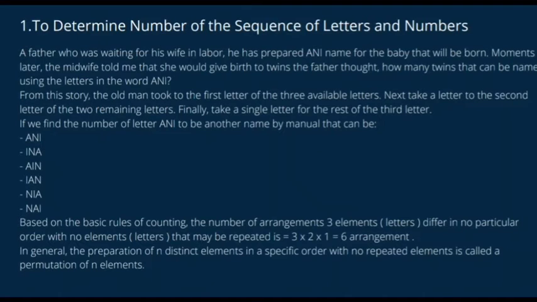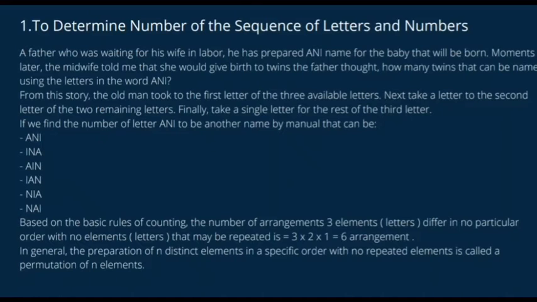From this story, the father took the first letter from the three available letters. Next, he took a letter for the second position from the two remaining letters. Finally, he took the single remaining letter for the third position. If we find the arrangements of the letters A, I, and N manually, they can be AIN, IAN, NIA, NAI, and so on.